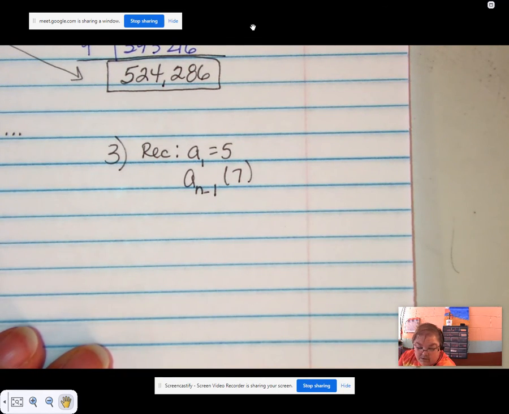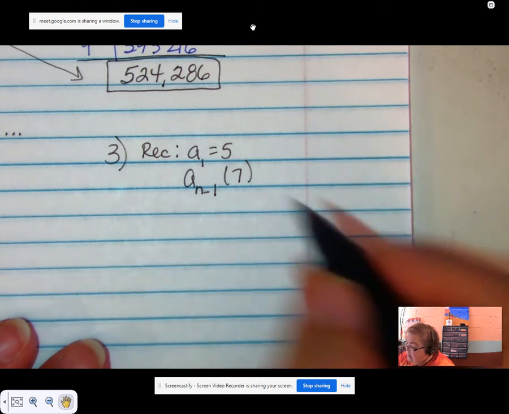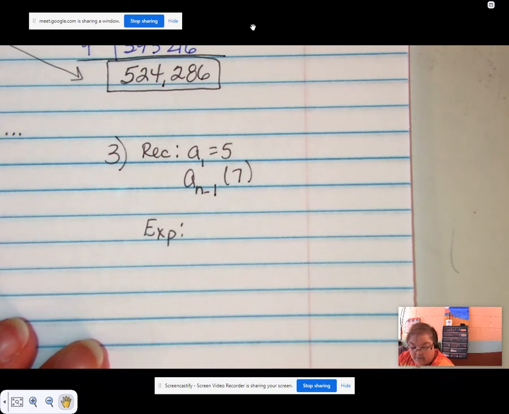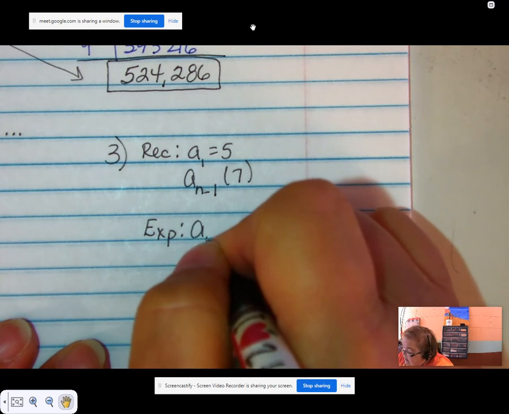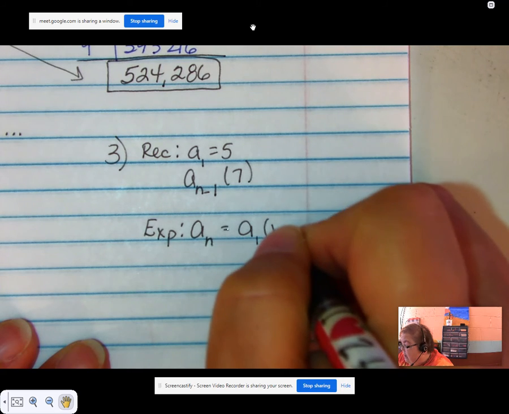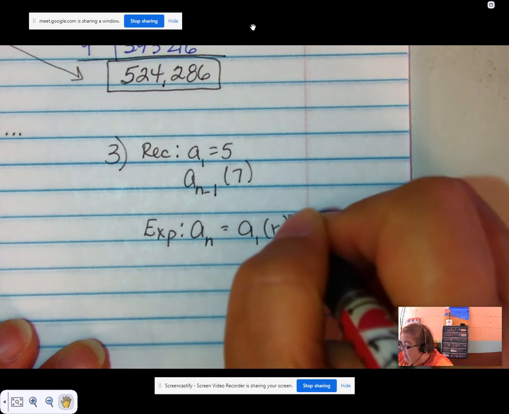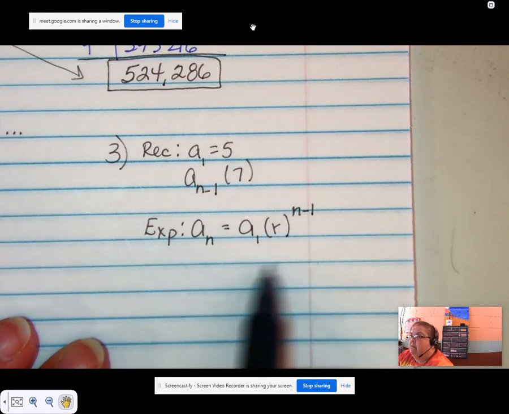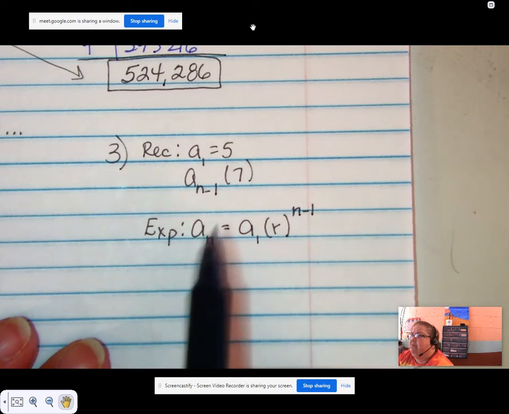What it wants to do is write the explicit formula from that. Okay? Well, the explicit formula, A sub n equals A sub 1 times the common ratio raised to the n minus 1. That is the formula for the explicit rule.